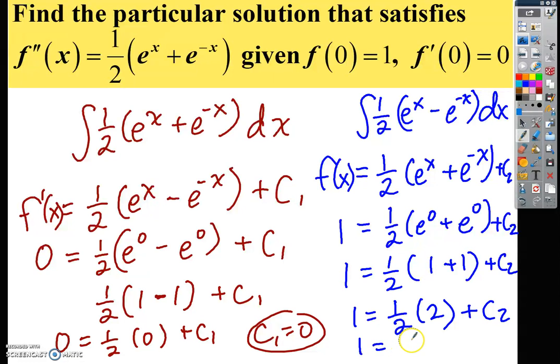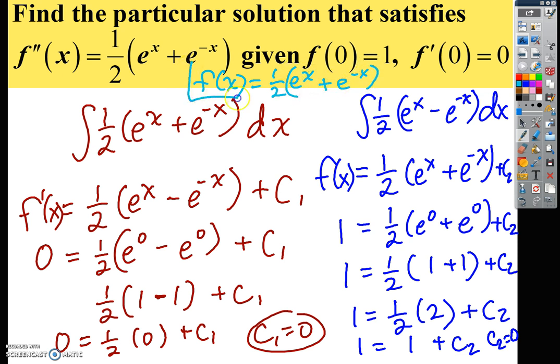So that's 1 equals 1 plus C2, which means that C2 is 0 as well. And so our particular solution, which we'll write at the top in this light blue color, f of x is then equal to 1/2 e to the x plus e to the negative x.